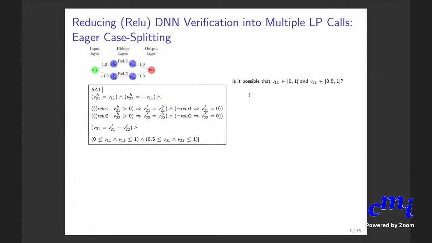In order to verify such things, the formula that you will have to check, either for validity or satisfaction, is not a simple conjunction of linear inequalities. As you can see here, it has implication as part of it, and an implication is basically a disjunction.